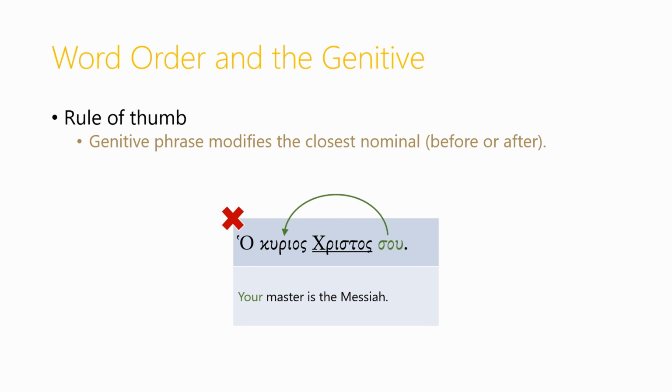Why? Well, sou we want to modify kurios. But it looks here like sou should be modifying Christos instead. Why? Because it's closer to Christos than it is to kurios. Christos is coming between kurios and sou. So the default assumption is that sou is modifying Christos.